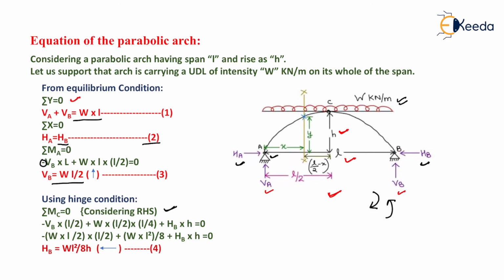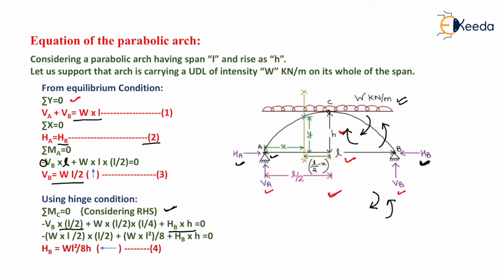Taking the moment from support B, we have the equation as minus VB into L by 2, with minus sign because of anti-clockwise movement, plus W into L by 2 into L by 4, which is acting in the clockwise direction, so its sign will be positive, plus HB into H. Because of this HB force, there will be a clockwise moment of magnitude HB into H.